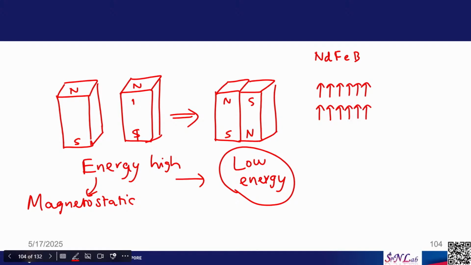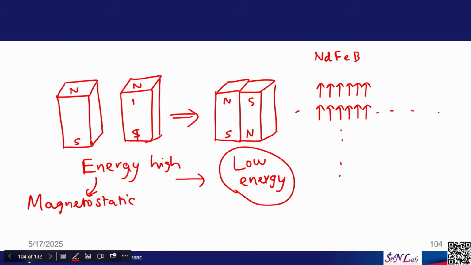These are the atomic moments of the neighboring iron atoms. Let us say I keep doing this along the 3 dimensions. So what happens? This is like trying to keep 2 north poles next to each other, 2 south poles next to each other, right.